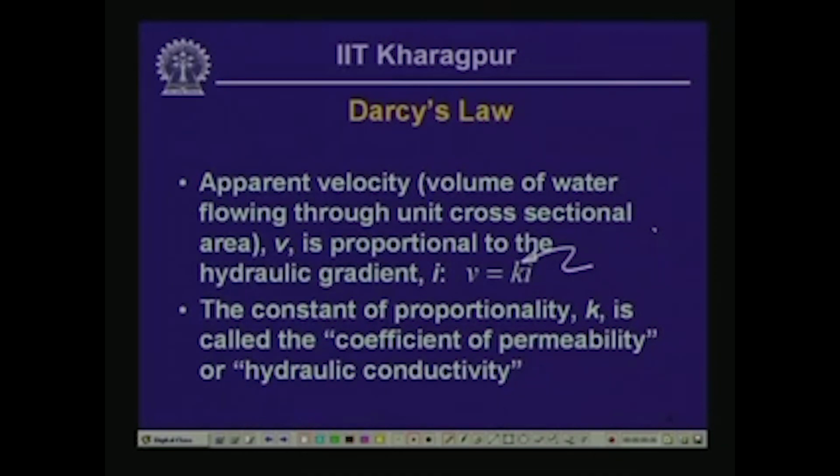Now what we need to stress here is that V, the quantity V, is not the actual velocity, rather it is the apparent velocity, and apparent velocity is actually defined as the volume of water flowing through a unit cross sectional area of the aquifer, and that is going to be different from the actual velocity.